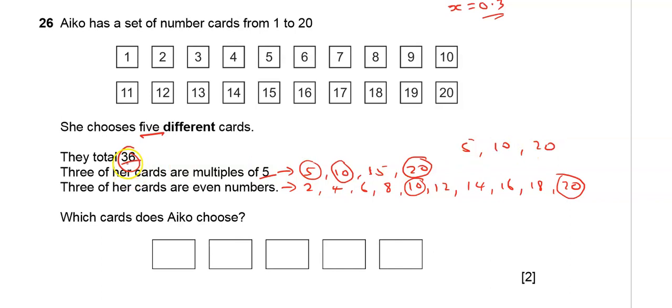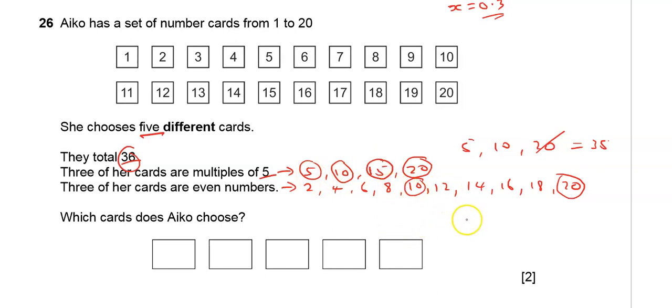They should total 36. So 5 plus 10 plus 20 is already 35, but we need 36. But these are only 3 cards. Therefore, we strike out 20. Let's go for 5, 10, and 15.